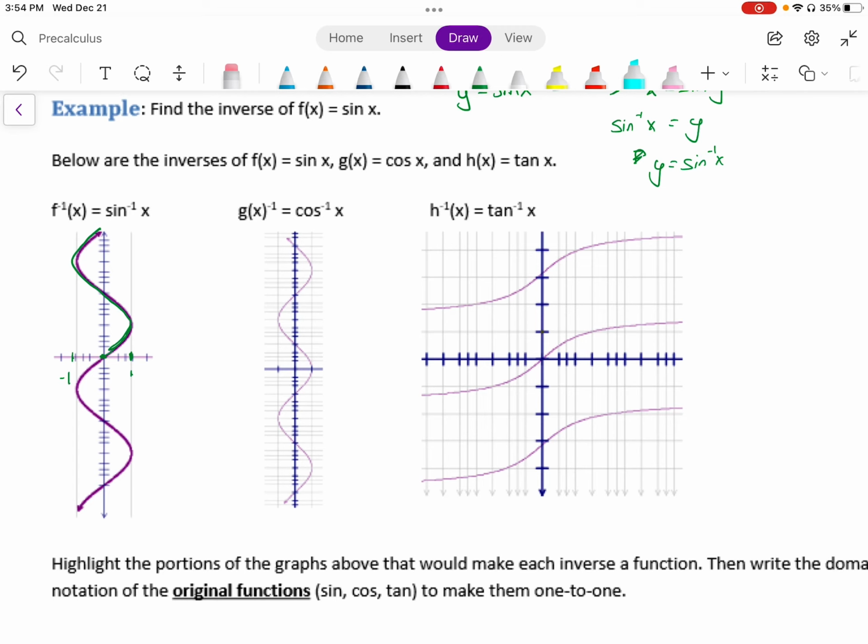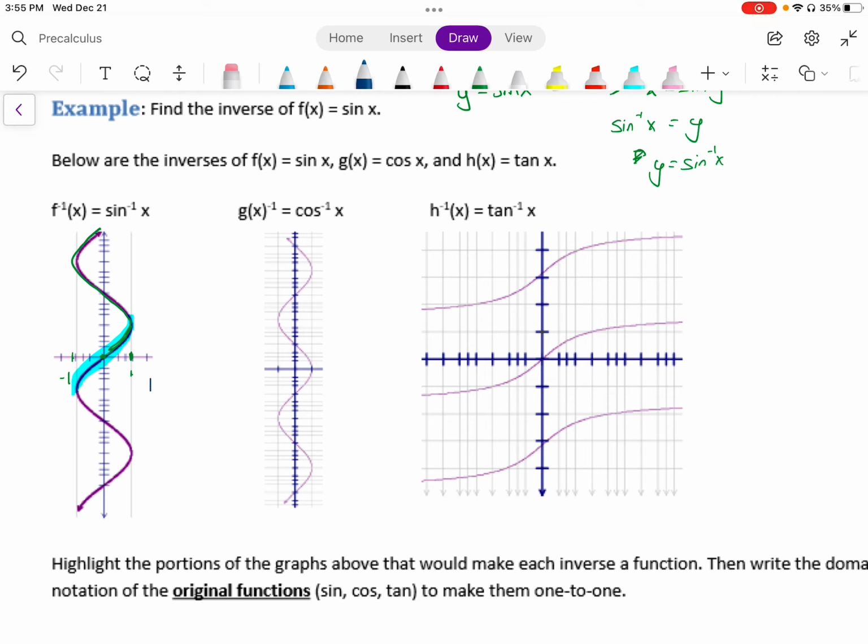But we're going to stay as close to 0 as possible. We need to make sure we get each x value and each y value. So that highlighted portion is a function.